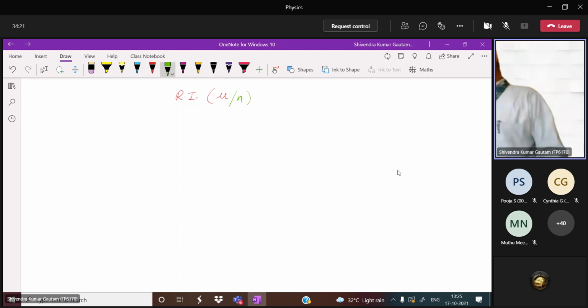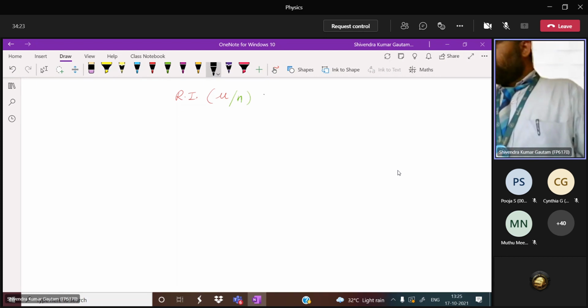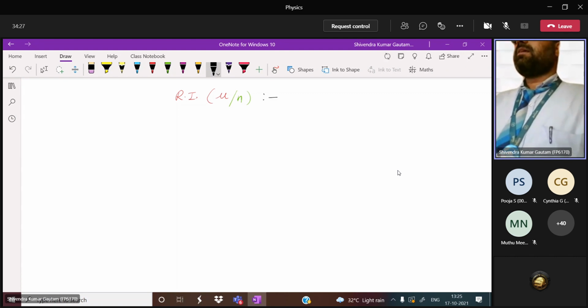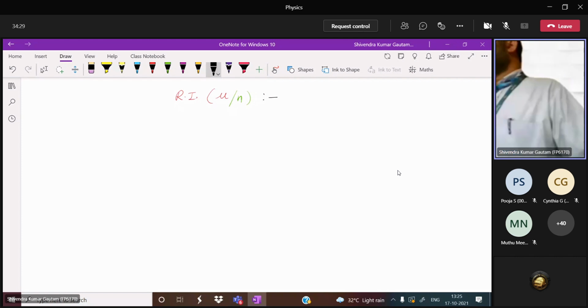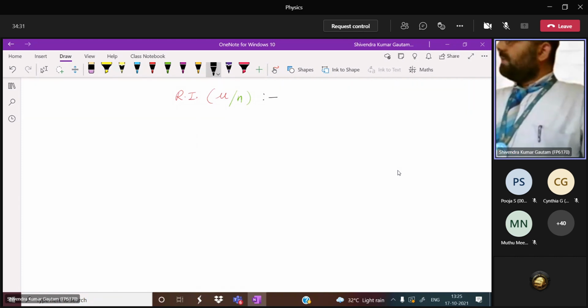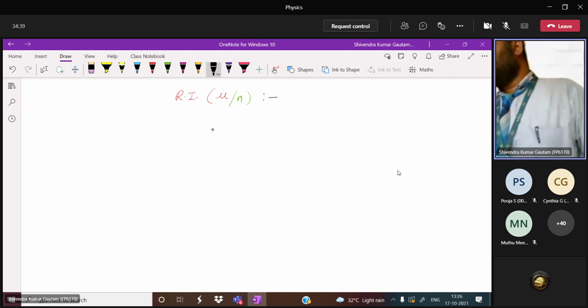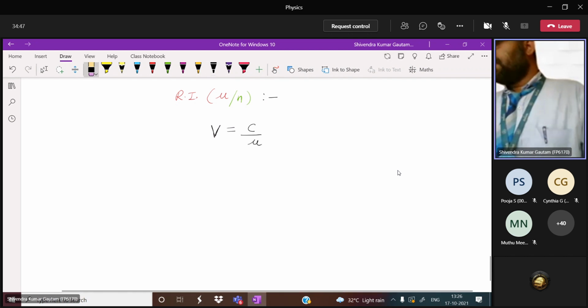Refractive index is a characteristic of any medium. How much speed of light is there in any medium, that decides the refractive index. You all have studied one relation: speed of light in a medium is equal to speed of light in vacuum divided by what? Refractive index. Studied or not?